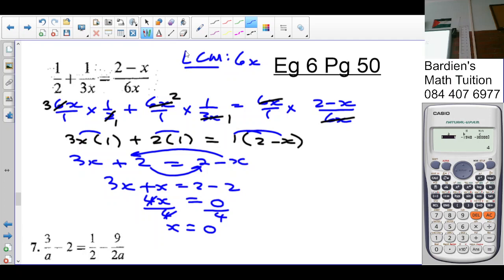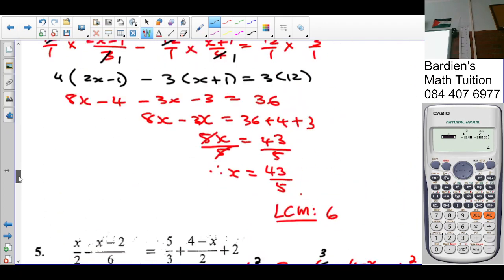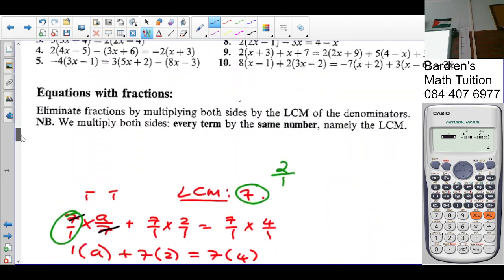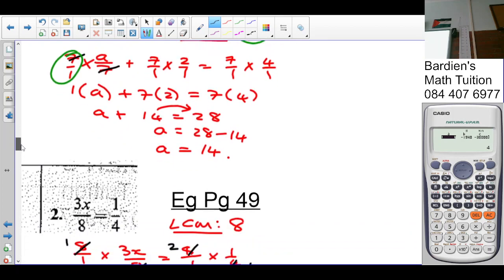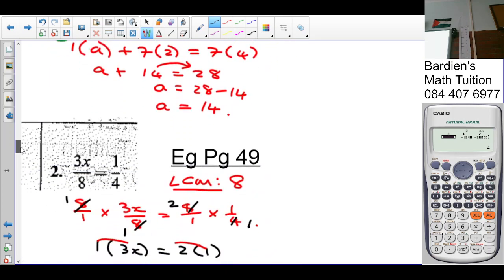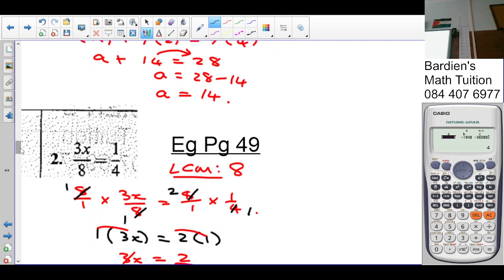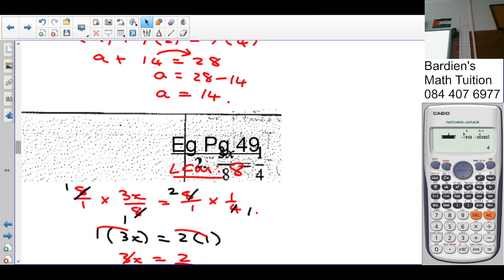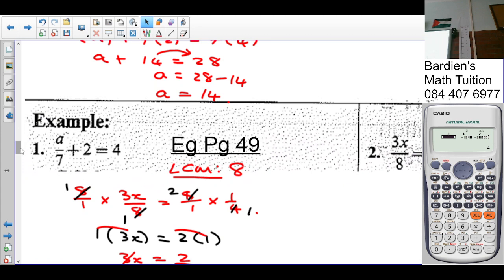But the person who said it's an error is absolutely correct. Why? Can't divide by 0. If I substitute this back, if a is equal to 14, then if I put 14 in here, it's going to be a over 7 plus 2 is equal to 4.